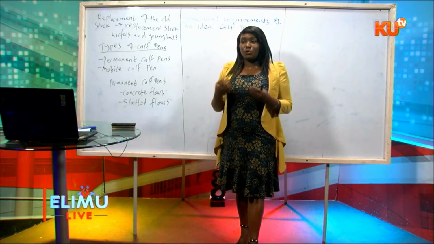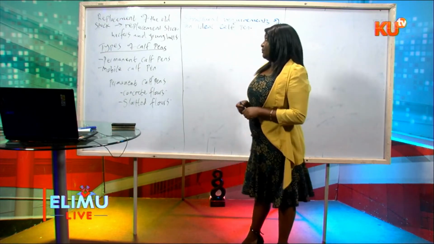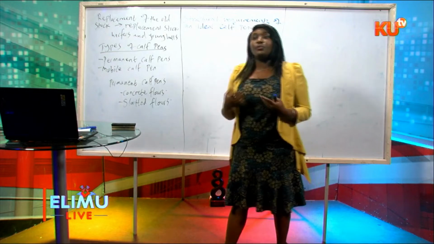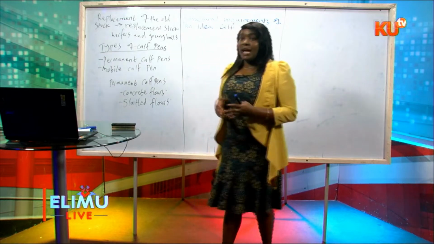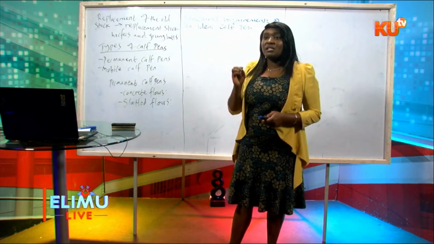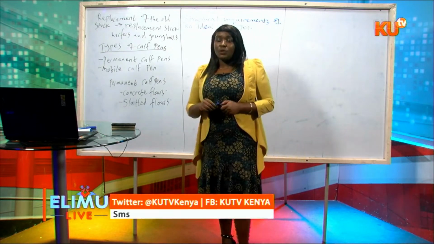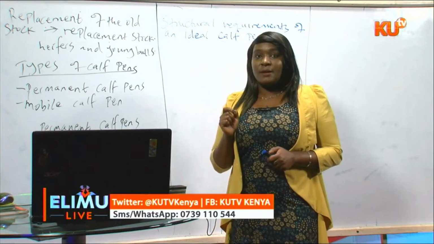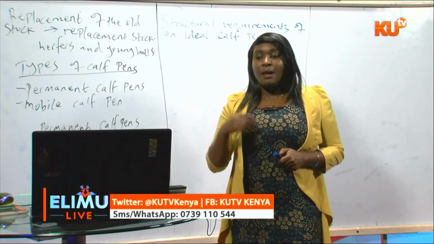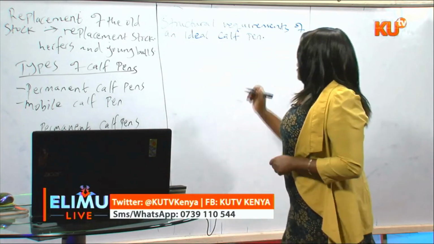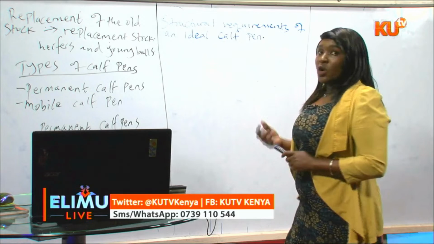A calf pen that is going to serve our animals effectively and efficiently, that is going to boost growth, and boost maturity of these animals, because we want these animals to reach service age very fast. That is the ultimate goal of a farmer, to reach service age so that they can be served and start reproducing early enough or at the right time. So, structural requirements of an ideal calf pen that will boost production in the farm.